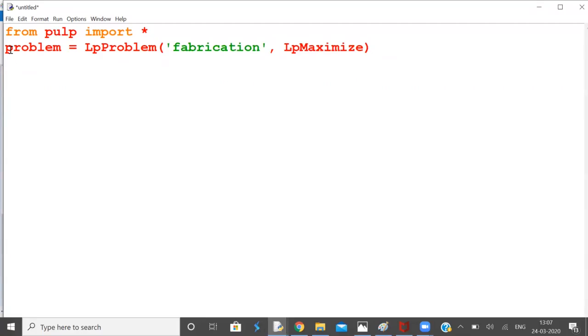It has two variables. One is X1 and the second one is X2. Say X1 is a linear programming variable. Name is X1. Its lower bound is 0 because the number of chairs can never be negative. Its category is integer.